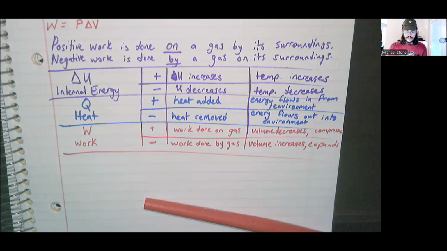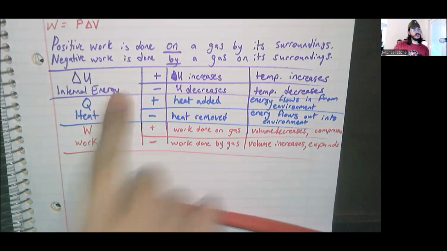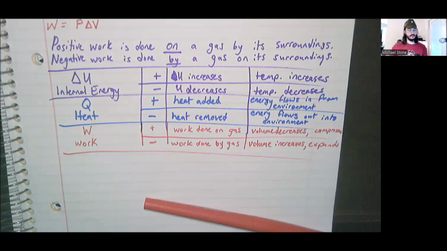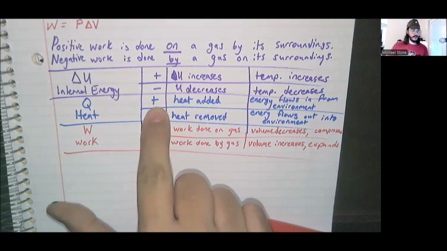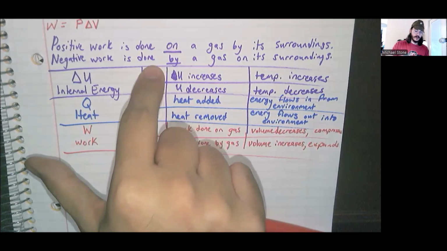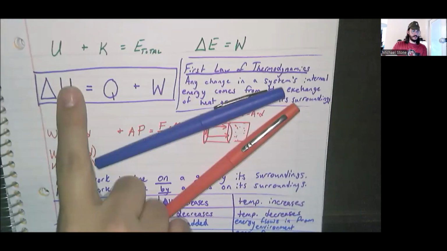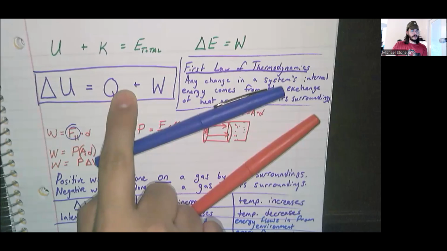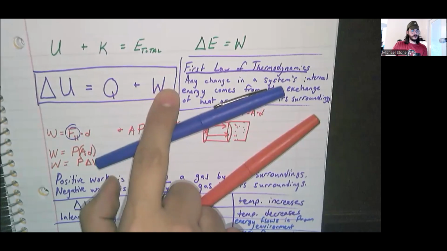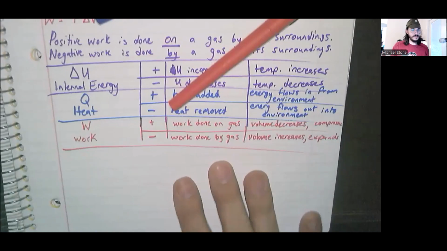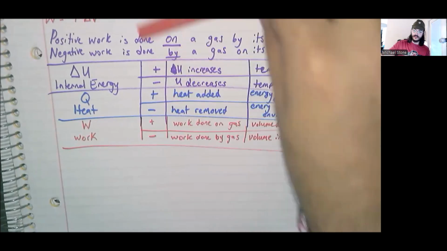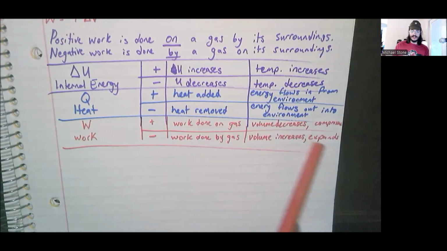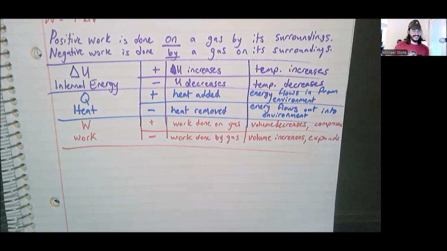If the temperature is kept the same, delta U must be 0. It's being heated slowly, so we would expect that Q should be positive. But if delta U is 0 and Q is positive, what must be the case for work? The work would need to be negative in order to balance out the books. And an expanding gas does negative work.